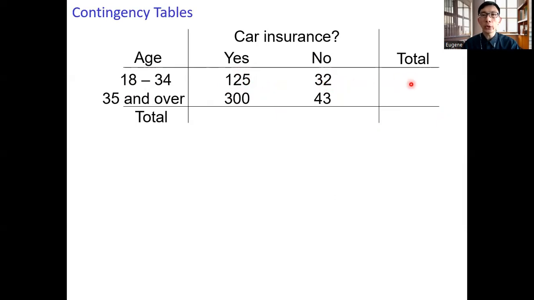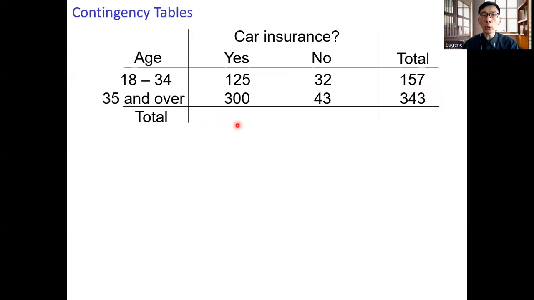So in total, there are altogether 157 drivers between age 18 and 34. And then for drivers 35 and over of age, we have a total of 343 of them in our sample.